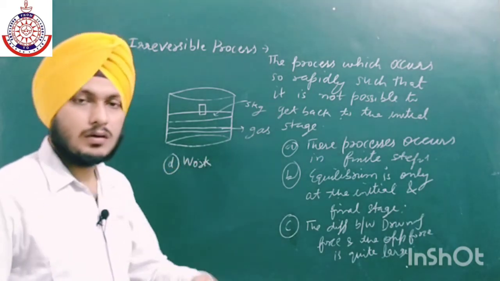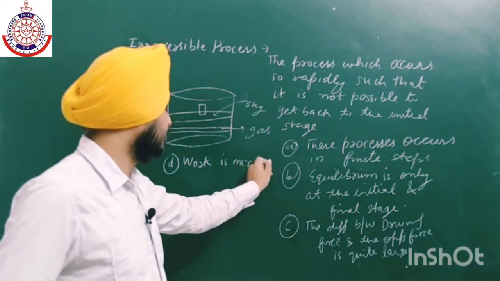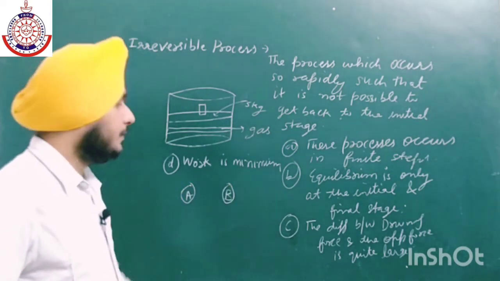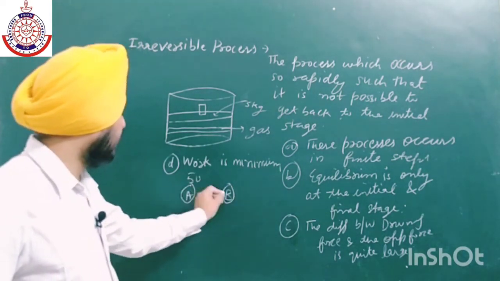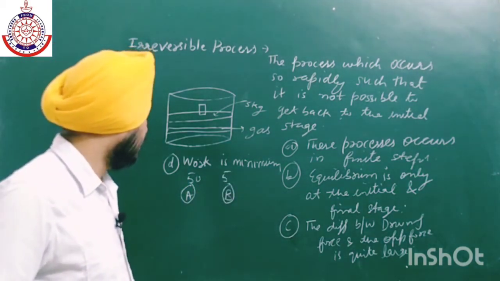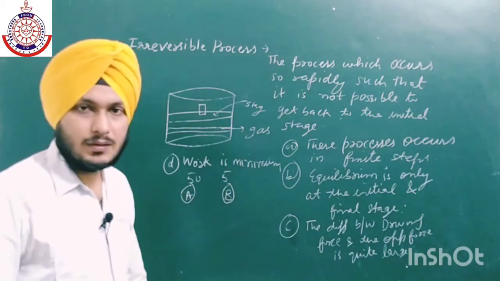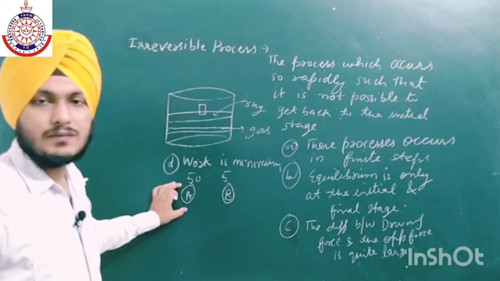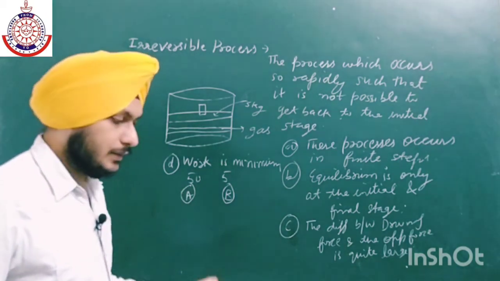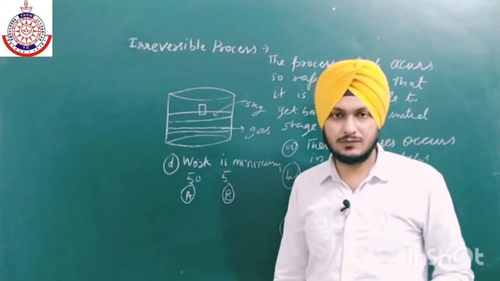For example, again I am taking two bodies A and B. If A is applying pressure of 50 and B is opposing by just 5, it is quite easy for A to push B. A will apply pressure easily, and A will do less work in order to push B. So this is the case of irreversible.